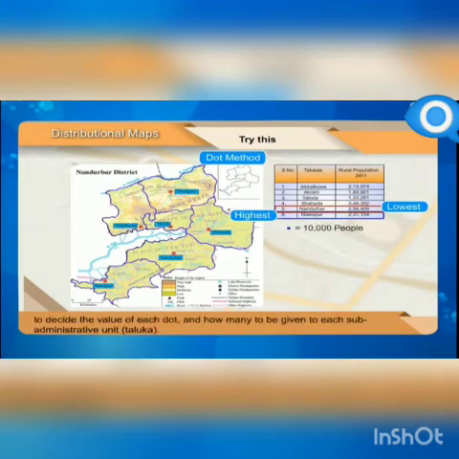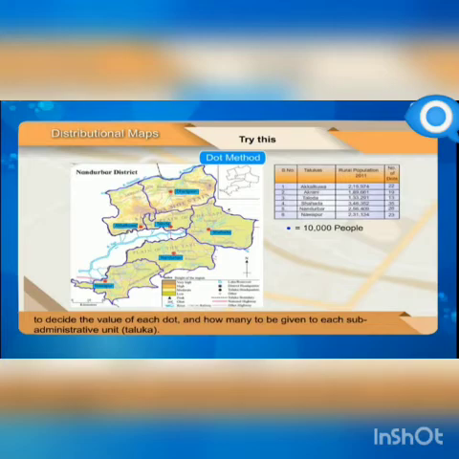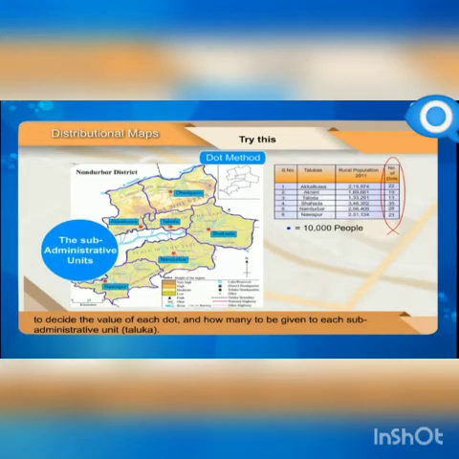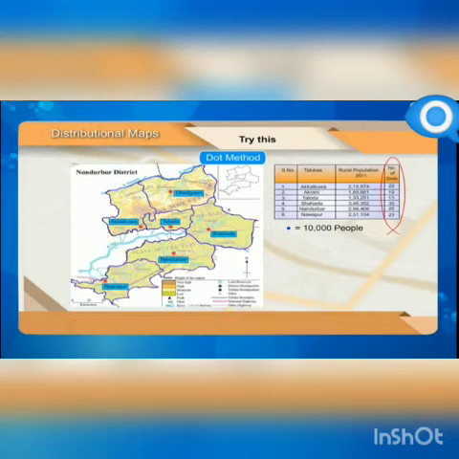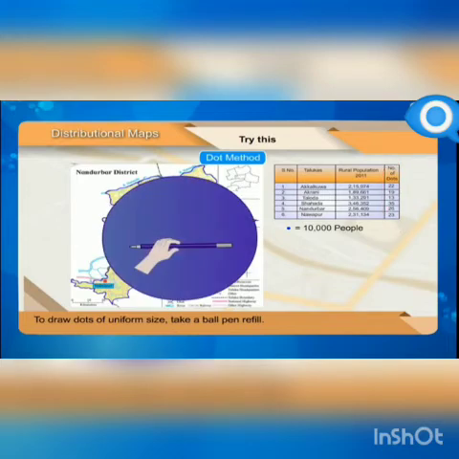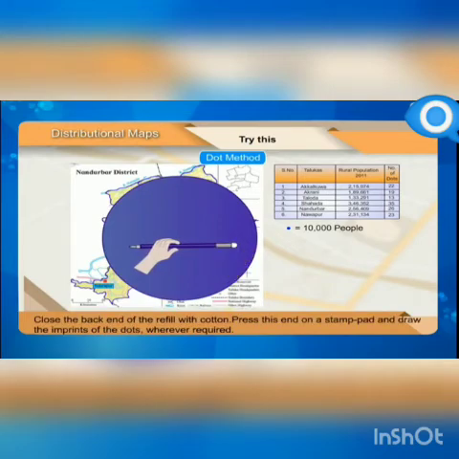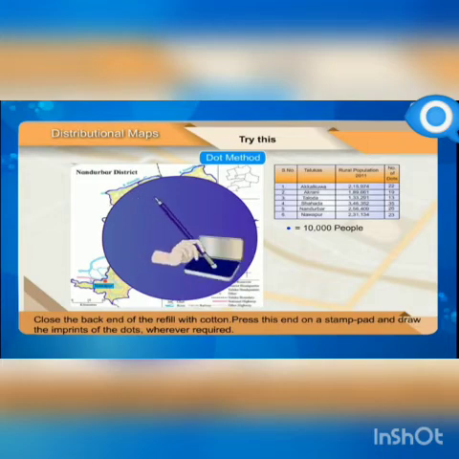Now we can put the dot for each administrative unit, that is taluka. How are we going to do that? With the help of a refill pen. Take the refill pen, at the back side put the cotton over there, and press at the end of the stamp pad and draw the imprint of the dots on the map.